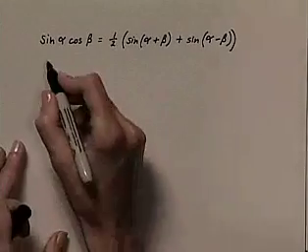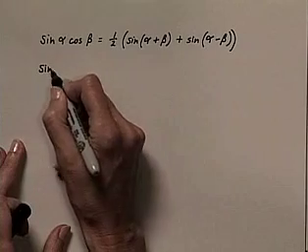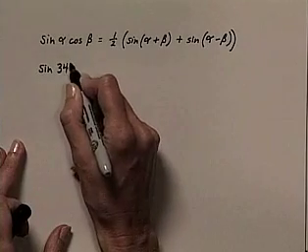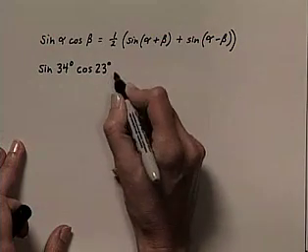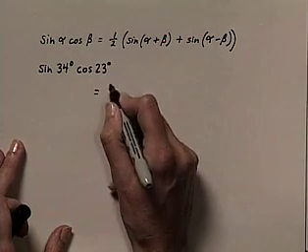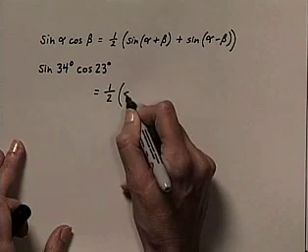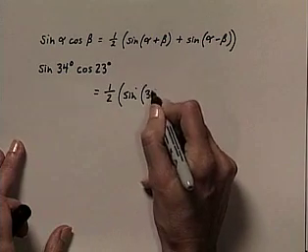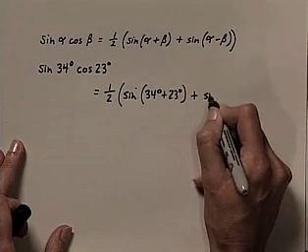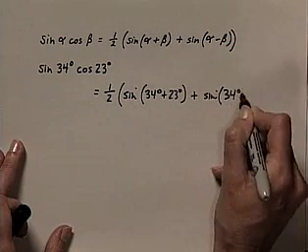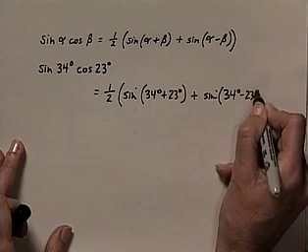And what we're going to do is use the formula in order to evaluate the problem at hand. Sine of 34 degrees multiplied times cosine of 23 degrees. This is going to then be equivalent to 1/2 times the sine of 34 degrees plus 23 degrees plus the sine of 34 degrees minus 23 degrees.